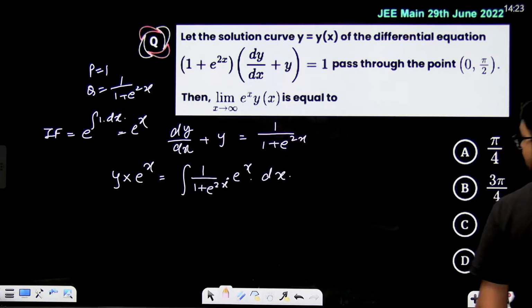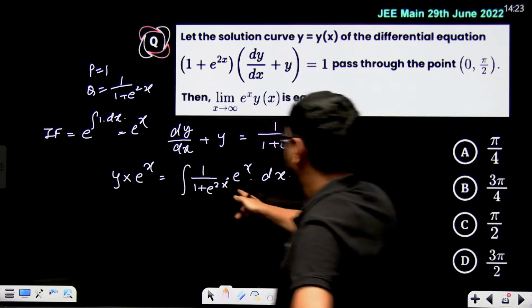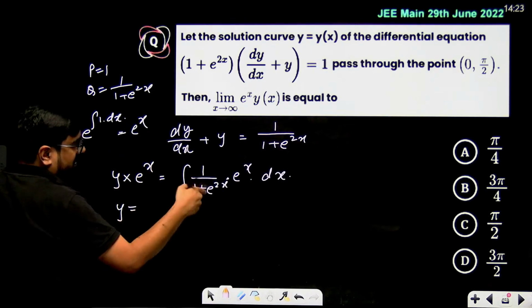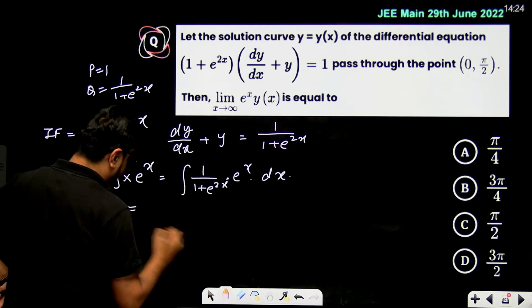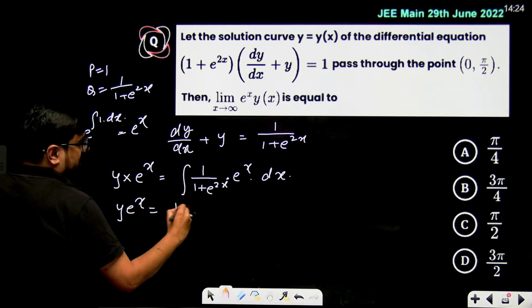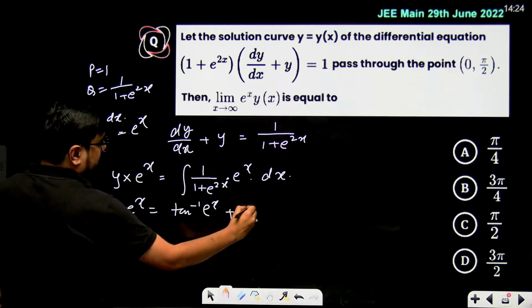So e to the power x upon 1 plus e to the power 2x, this you'll have to integrate, which will become tan inverse of e to the power x. Integral of e to the power x will become e to the power x. So y e to the power x will become tan inverse of e to the power x plus c.